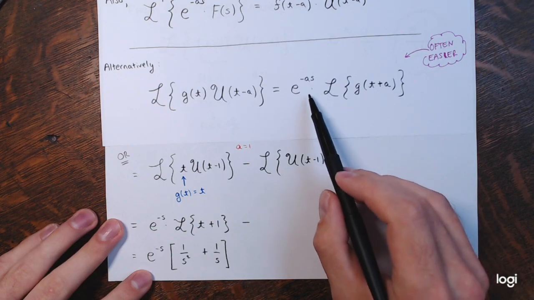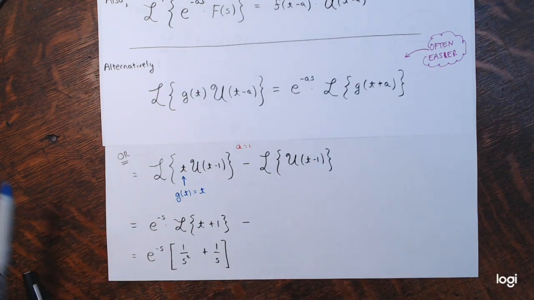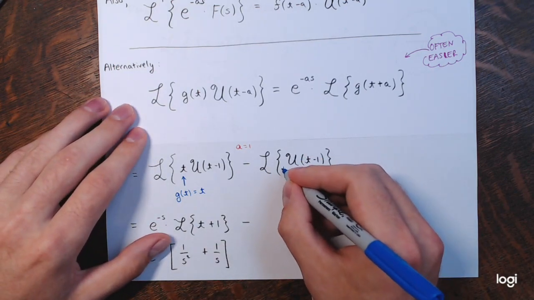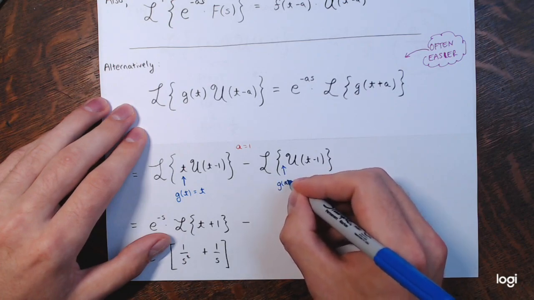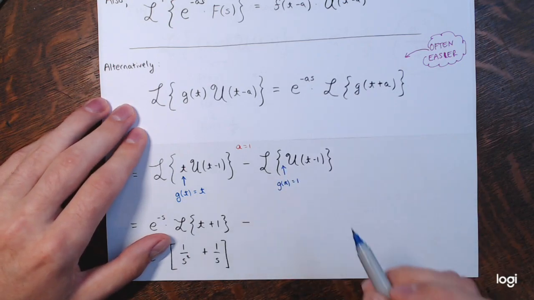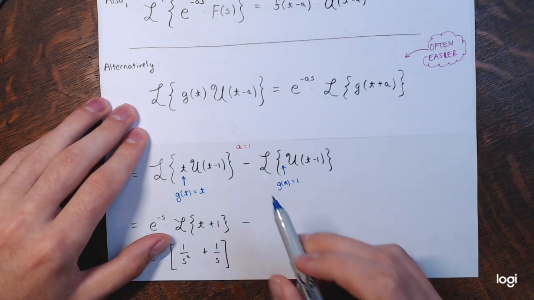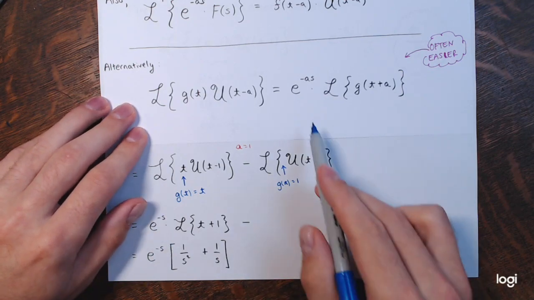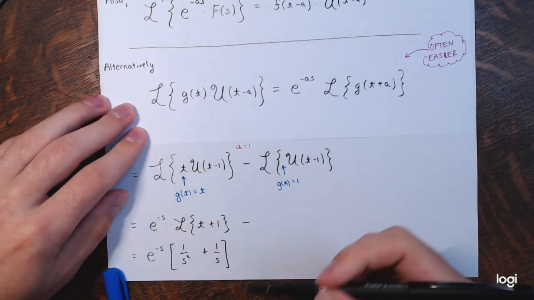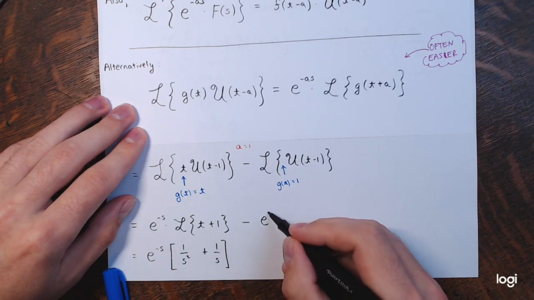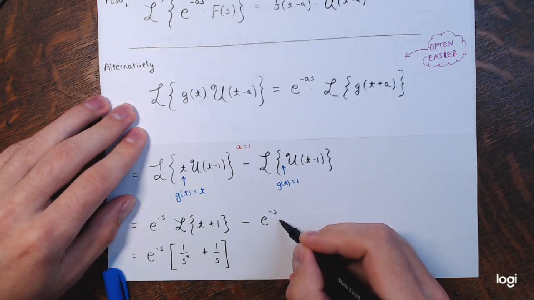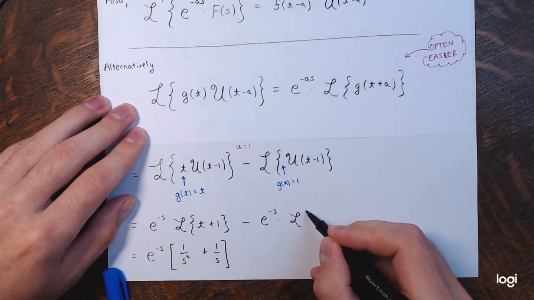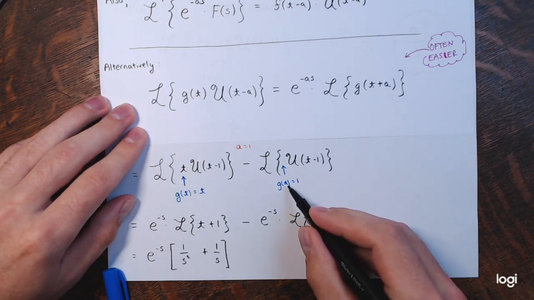and then again, I have in this Laplace transform, the g of t is 1. Right, the function that's being multiplied by the unit step function. So again, according to this rule here, this will be e to the negative s times the Laplace transform of g of t plus a, which would still be 1.